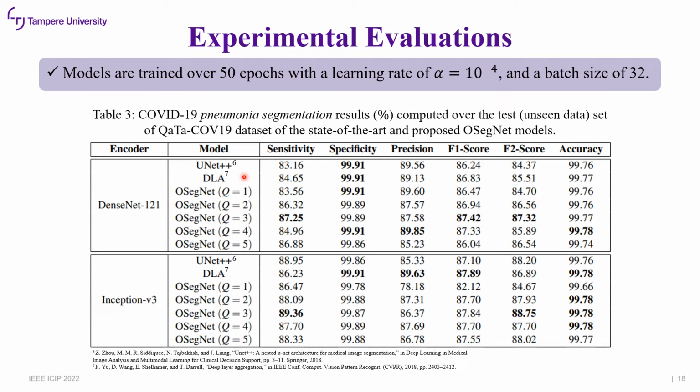For the OSegNet, we have set Q to 5 different parameters so that we could investigate its performance as the complexity of the network increases. You can see that for both encoder types, the highest sensitivity is achieved by the OSegNet model when Q is set to 3. And we can also see that the best F2 scores are obtained by this model.